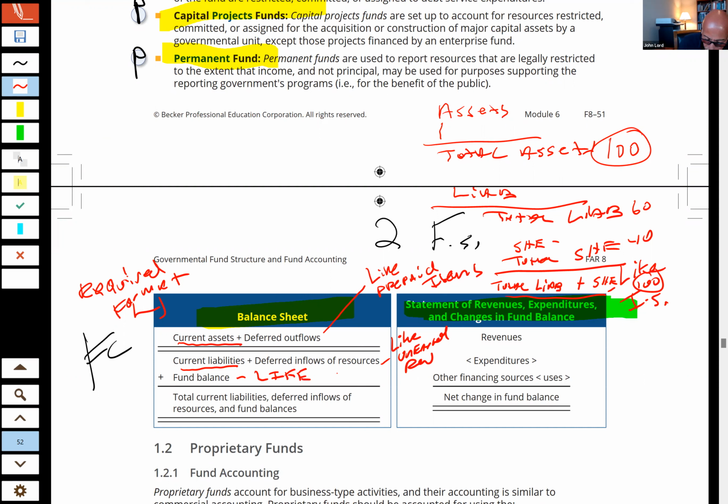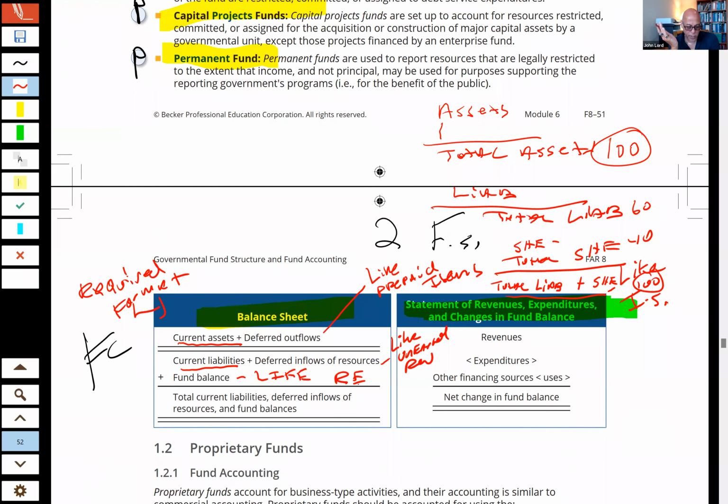Fund balance is like retained earnings. Now, sometimes folks will say, well, isn't it actually like stockholders' equity? No, because governments don't issue stock. Okay, they issue bonds, which are liabilities, they don't issue stock. You can't go, hey, I want to own 300 shares of California stock. No, bonds, yeah, not stock. Okay, so since state and local governments and the federal government don't issue stock, the fund balance is really going to be what?